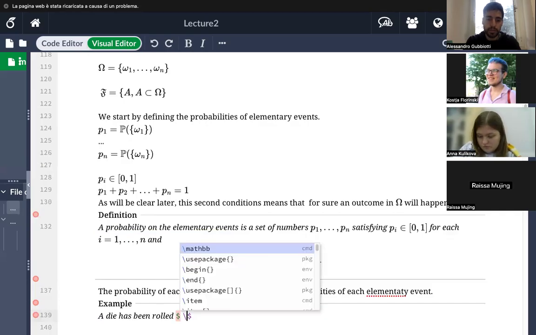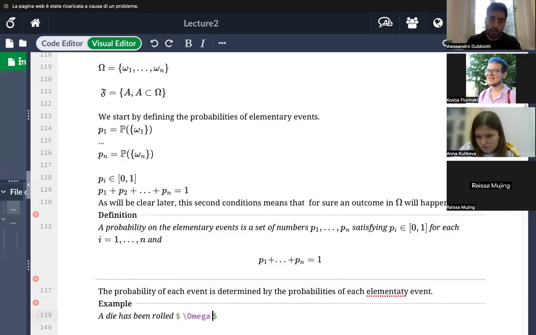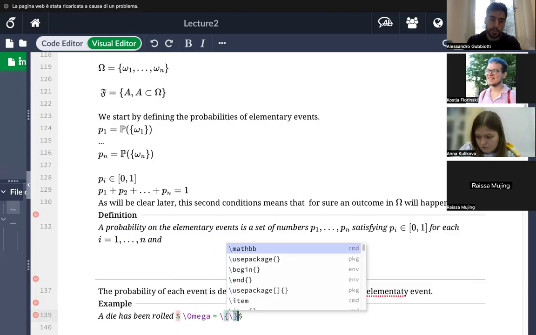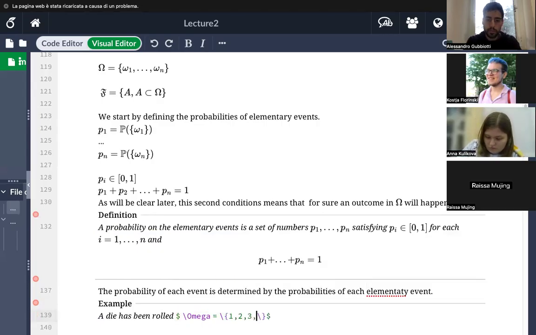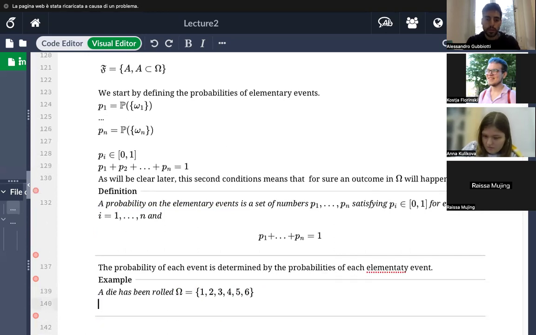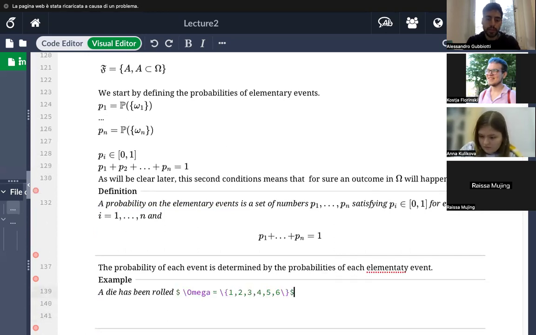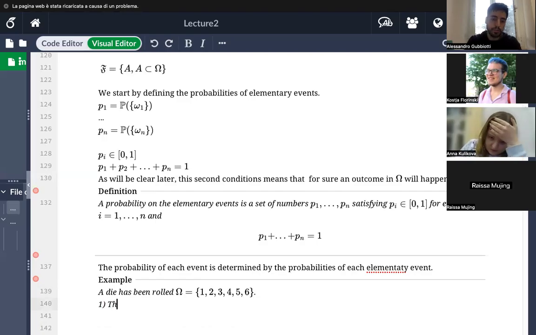So the sample space is this one. And let's take an event. Let's take two different probabilities. So one is the probability of a fair die.